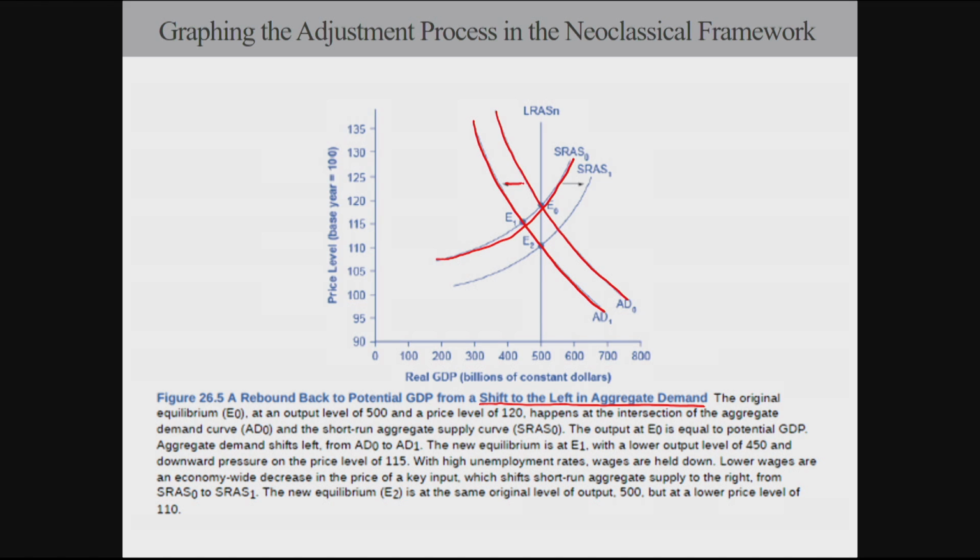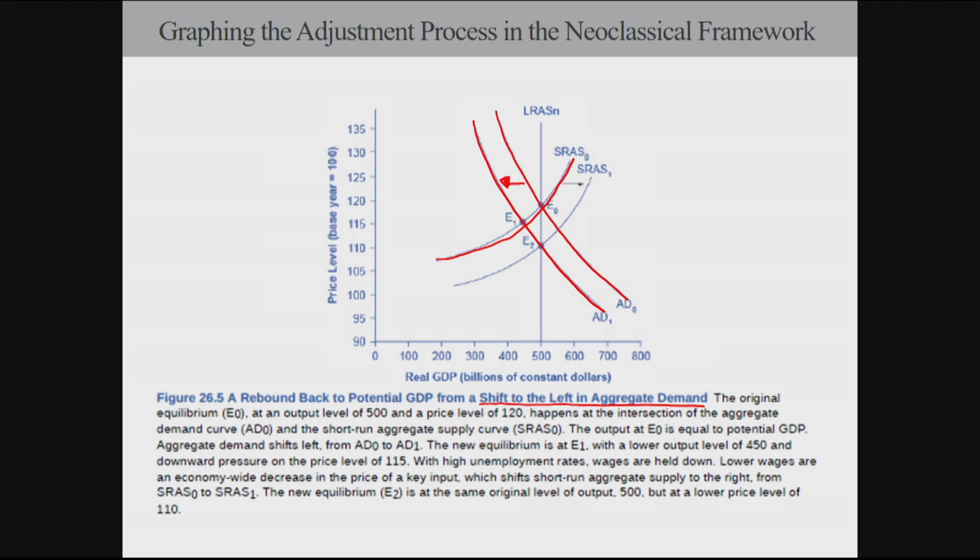The Keynesian perspective would argue we should do what we can instantly to counteract that reduction in output through activist fiscal policy.